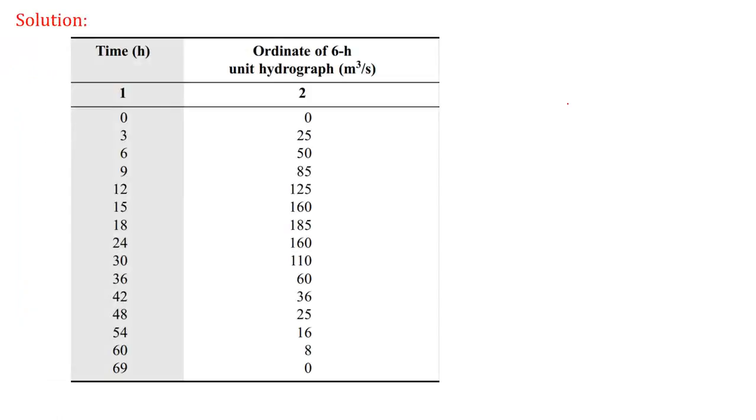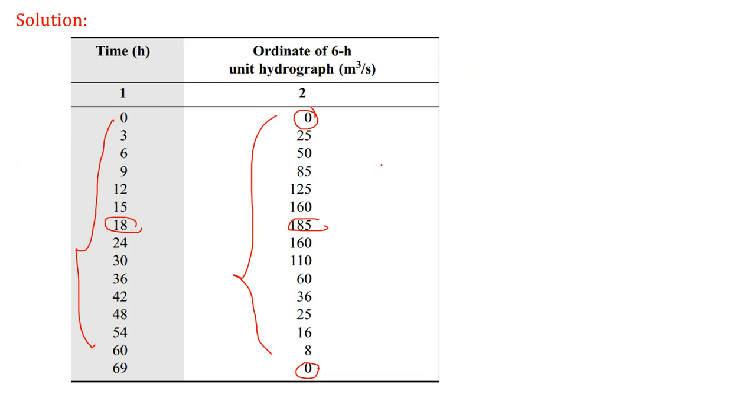Okay, so given na yung ating time at coordinate, so the solution is we just have to create a table, no? Pinopia lang natin to from the problem. Ayan yung peak natin, nasa 185. The start is 0, the end it's 0.